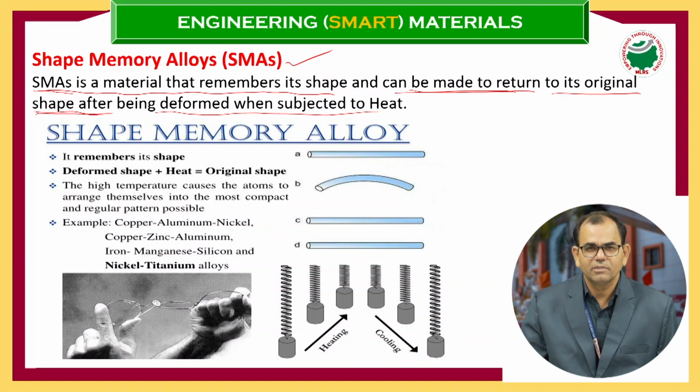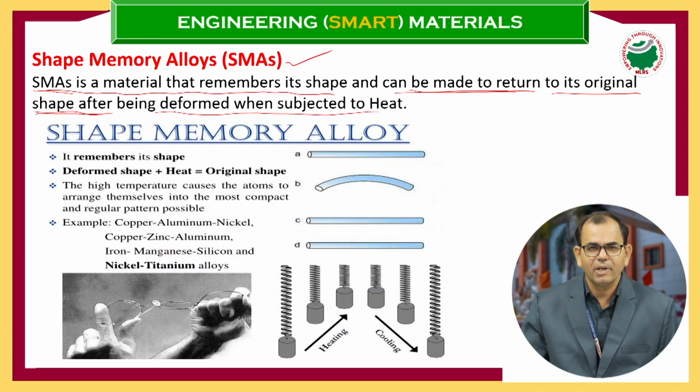For example, there are two types of pens. When we press, there is a spring, and we write, and once it is done, we click once again. Then a refill goes inside. So the click pen is the best example for a shape memory alloy. Why?